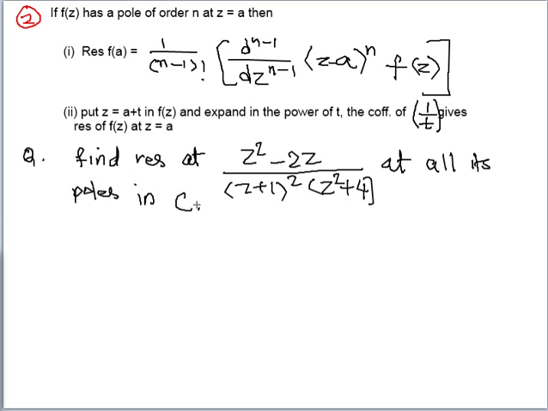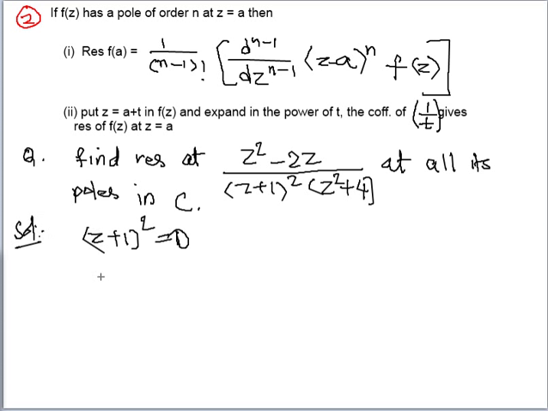So step 1, same as for finding the poles, we make the denominator equal to 0. First, (z plus 1) whole square equal to 0 gives z equal to minus 1, which is a pole of order 2. Clear?